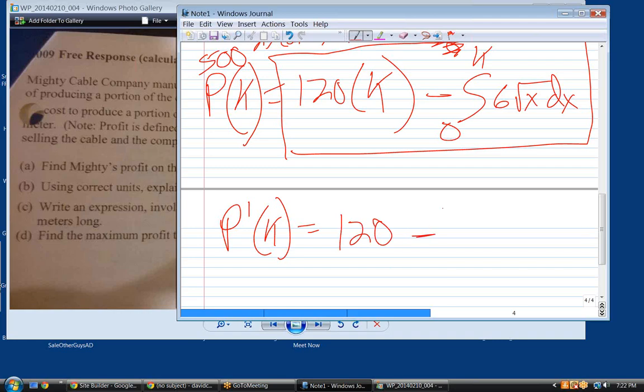What's the derivative of this thing? 6. Yeah, the derivative of the integral of a function is 6 root K, automatically.